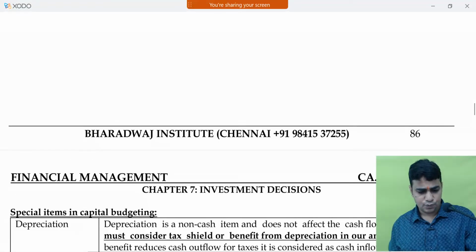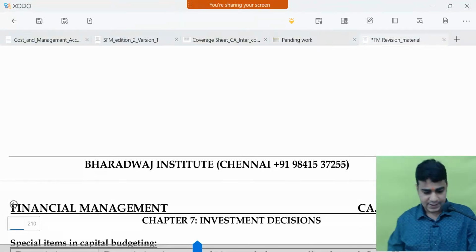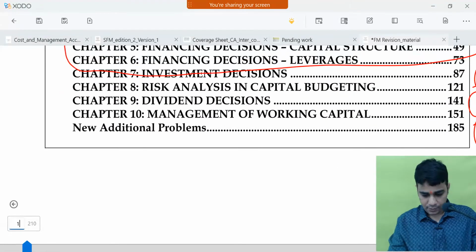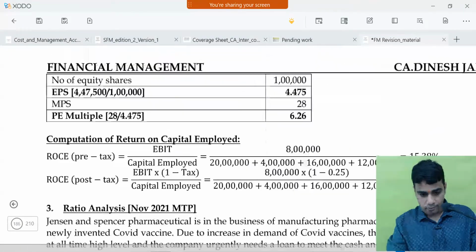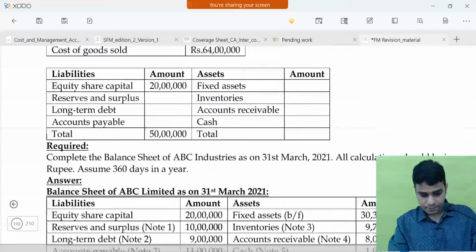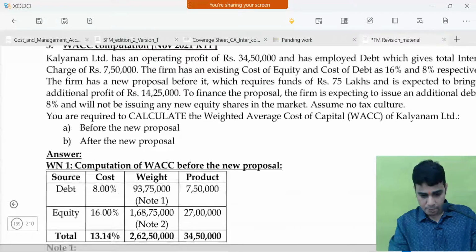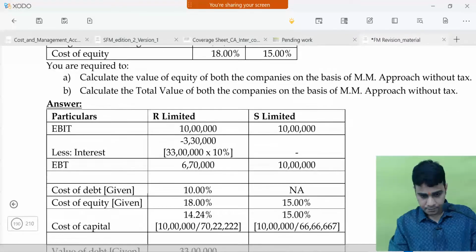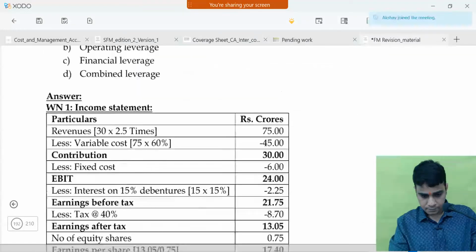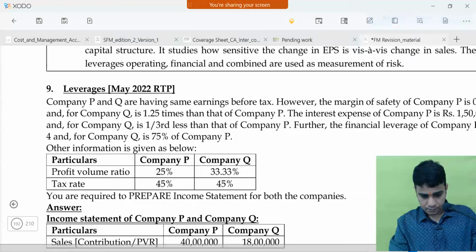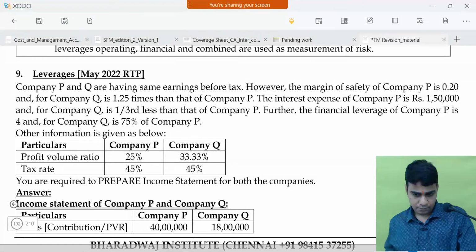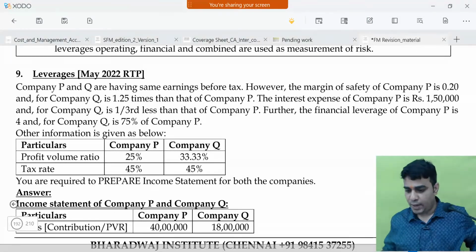I just want to discuss one additional question, which is a recent question. Go through question 9, page 192.